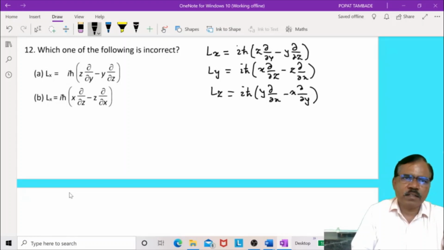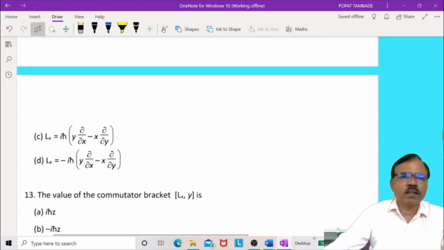So if we see XZY, x y z, x y z. So this one is correct. X iħ x ∂/∂z minus. So we have here x, so x must not be there. If we see here Lx, so this is incorrect.